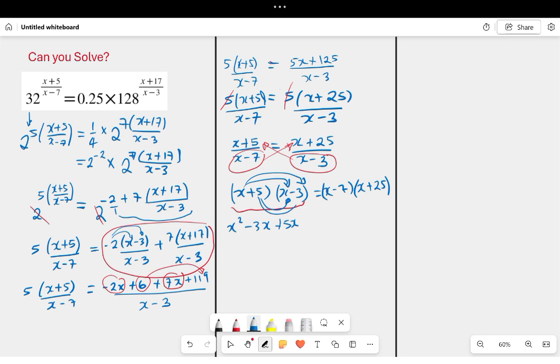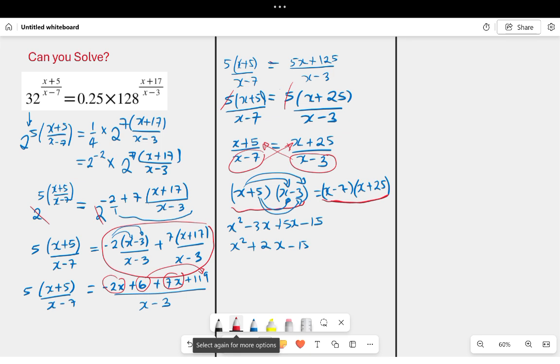And 5 times negative 3 is going to be minus 15. Therefore, this expansion is going to be equal to x squared plus 2x minus 15. All right, so this is what we're going to equate with what we'll get by expanding the second part over here.